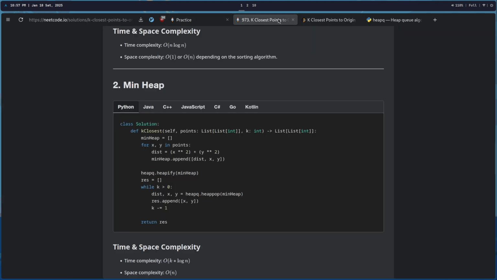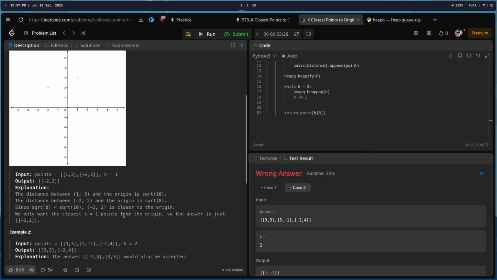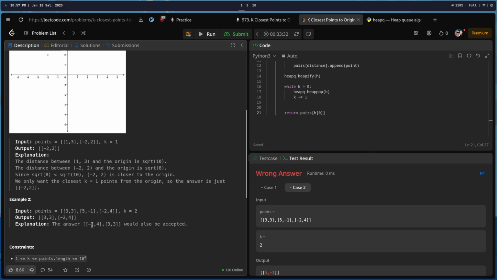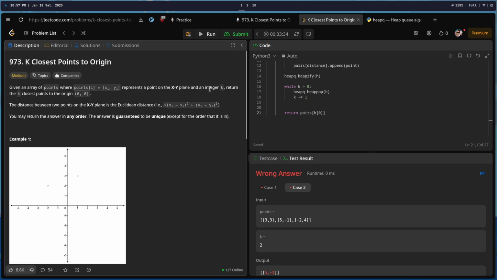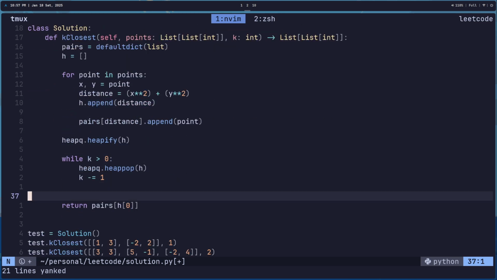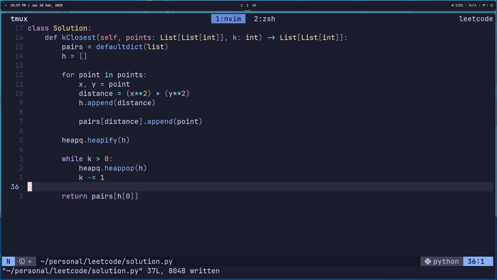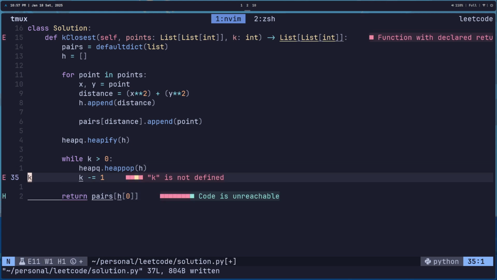They're just adding the smallest one to this return k. Oh, I see what they mean. K like return k times, like k many, like 2 of the smallest. Okay, I get it. I see.